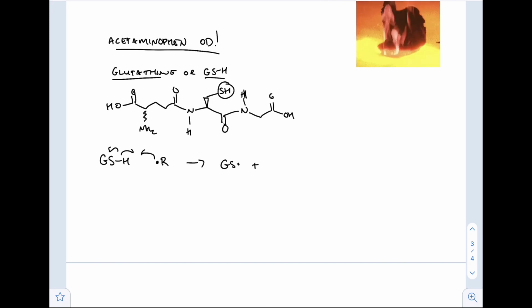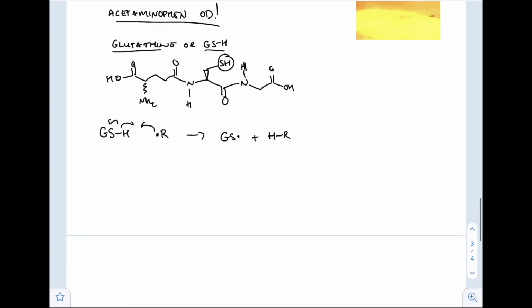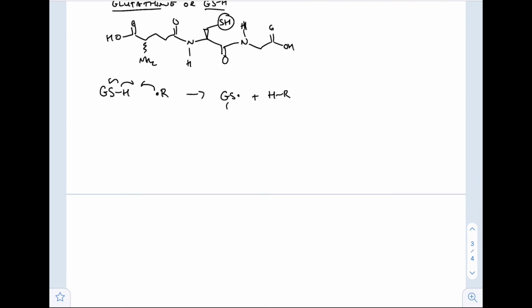A radical reacts with that in our body to make the GS dot, and then that GS dot can react with another GS dot to form diglutathione, and that can be reduced to form two regular glutathiones.